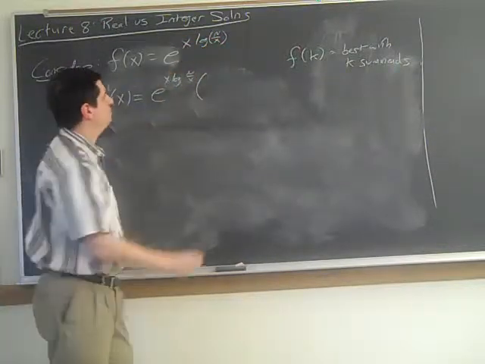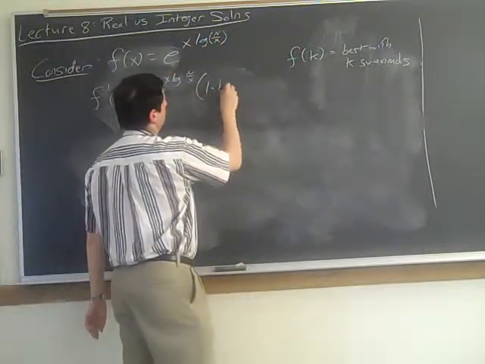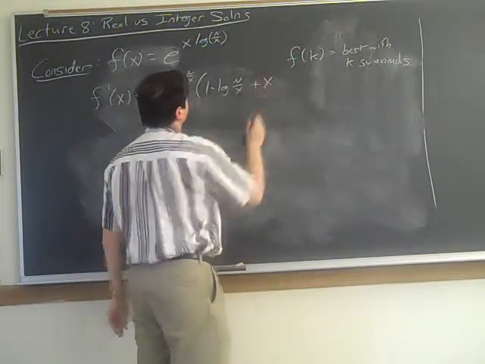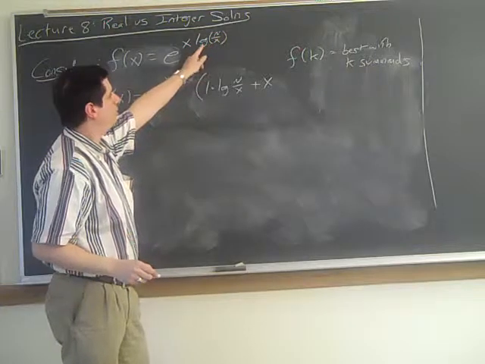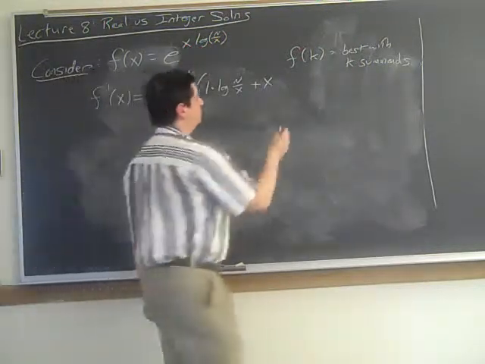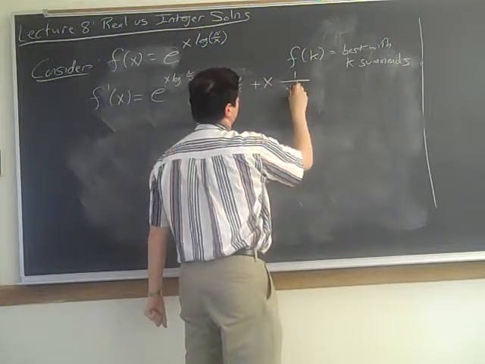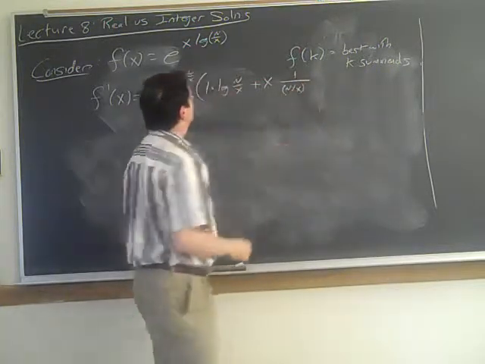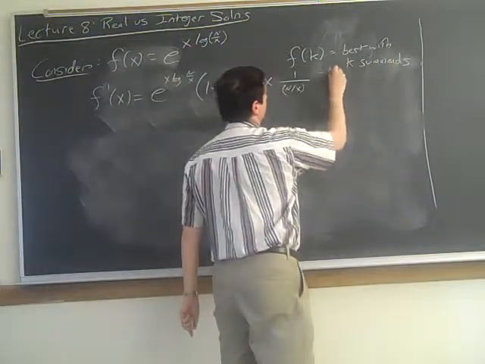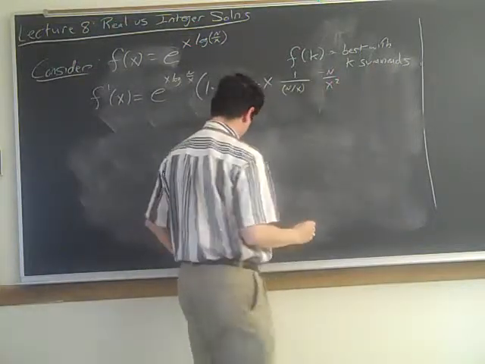So we use the product rule: the derivative of x is 1, times log of n over x, plus x times the derivative of the log of n over x. The derivative of the log is 1 over, so you get 1 over n over x. And now we take the derivative of n over x, which is negative n over x squared.